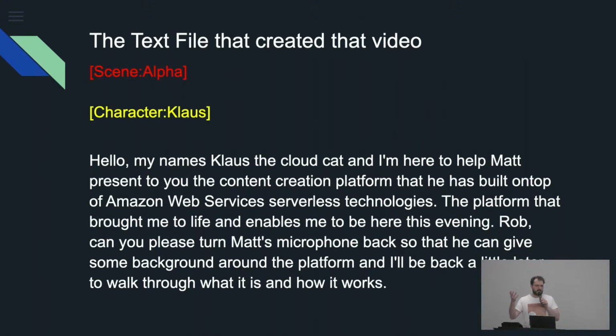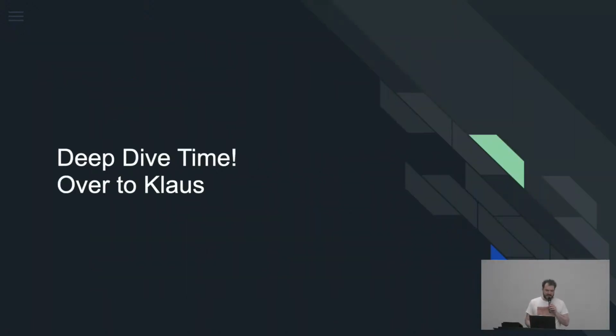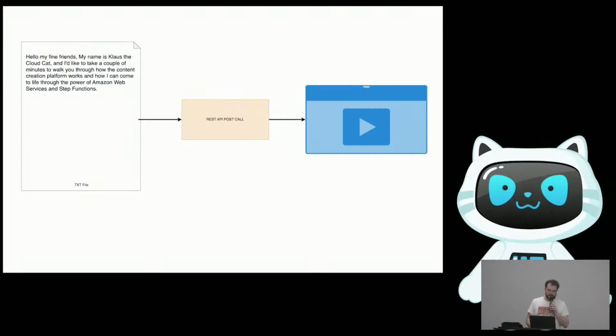So there's a transparent background so that I could put it in the slide. Nice and simple. The character's name is Klaus. There are a set of characters that I can define within the application. And then I just give it the text file, the text that I want him to read out to the viewer. Nice, simple, easy. It goes away and then builds the application.